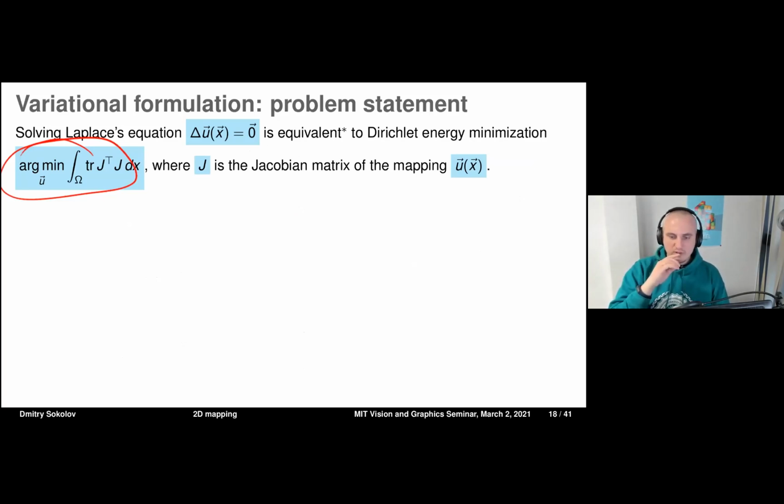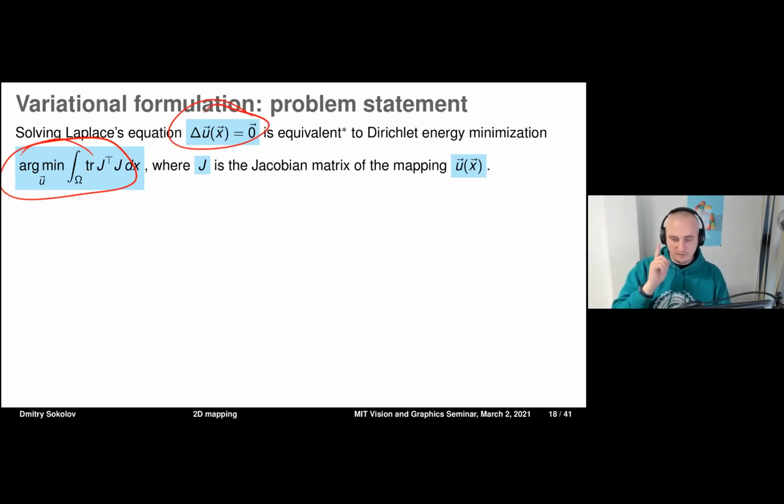Here we denote by J the Jacobian matrix of the mapping u, the direct mapping. And you can see that if we apply Euler-Lagrange equations to the variational problem, we will get Laplace's equation.